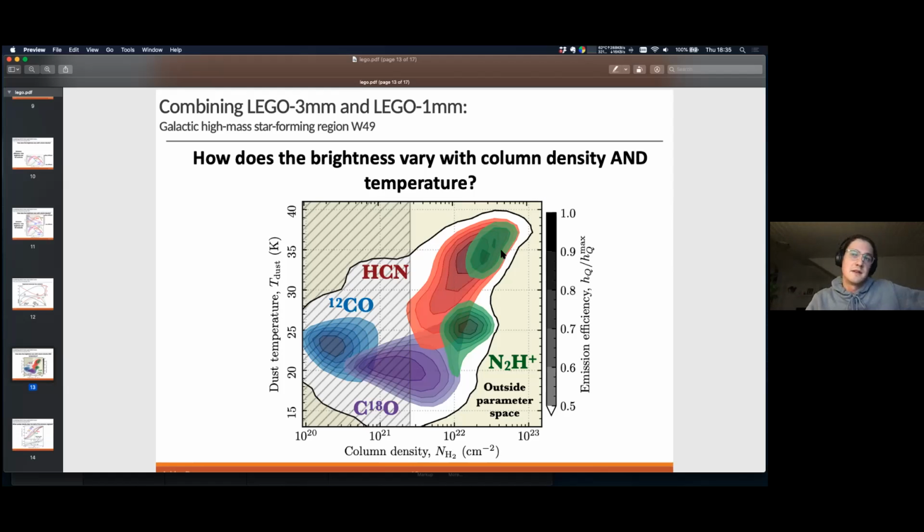It's emitting towards the high column density, high temperature, but there's also a peak at high column density but low temperature. This is very much in line with what we'd expect from the chemistry of N2H+, which is very sensitive to cold environments for its formation pathways. So this is a very clear and nice picture of the splitting of this emission within W49 in column density and temperature space.